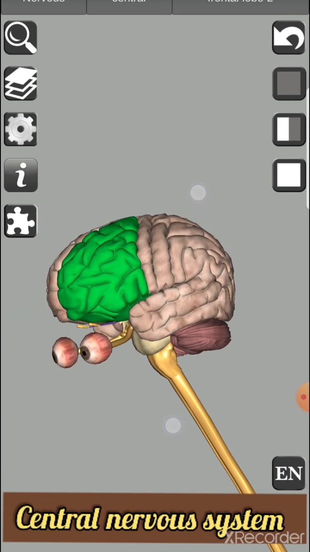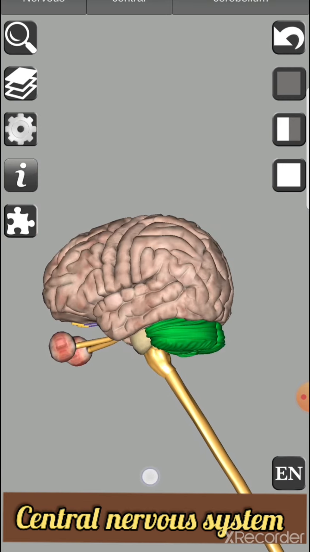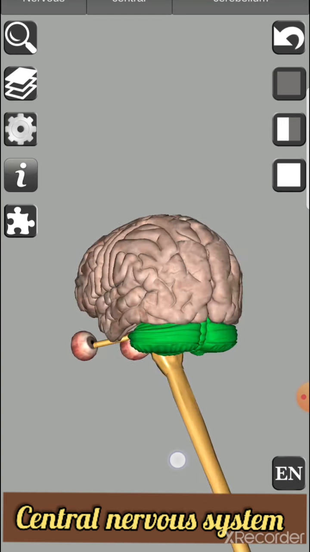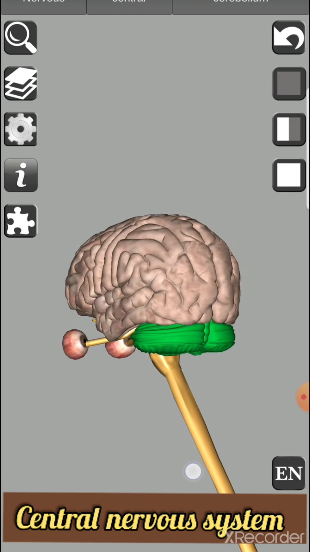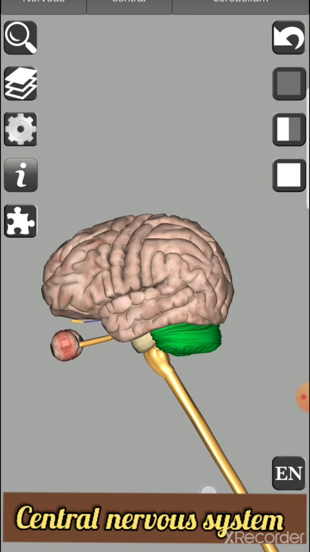Below that largest part we can see a smaller part, also referred to as the small brain, the lower hind part.